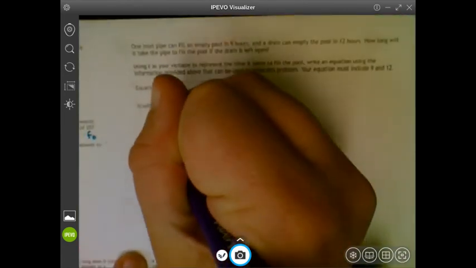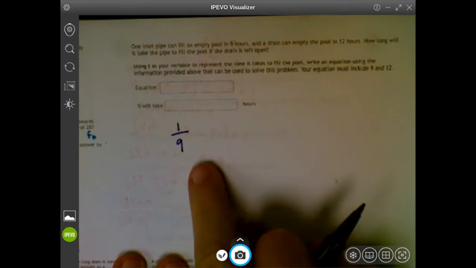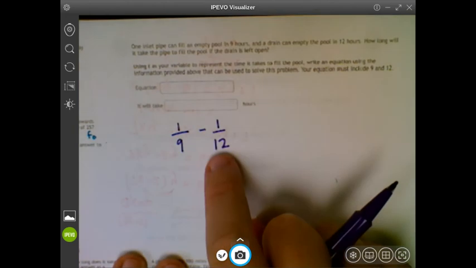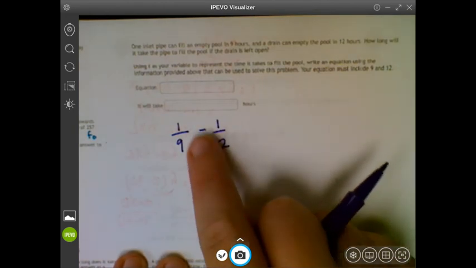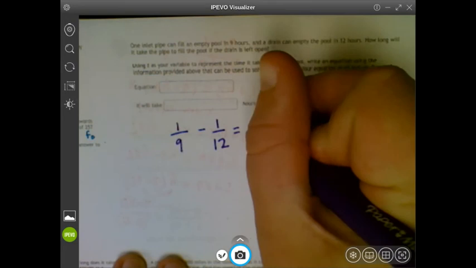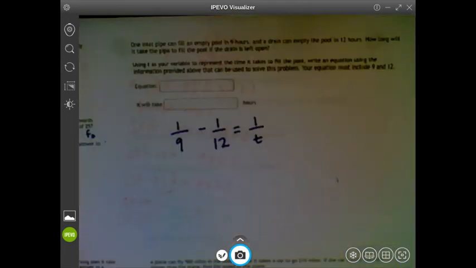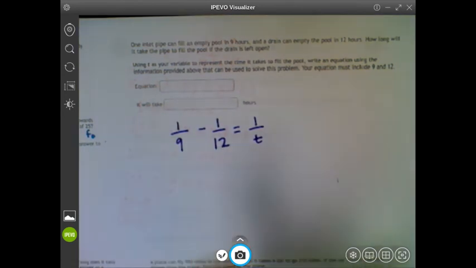It's 1 over the time going in to fill the pool minus 1 over emptying the pool. And it's a minus because you're emptying it, right? The water level is going down. Is 1 over the time it will take for the pool to fill up, because it is filling up faster than it is emptying.